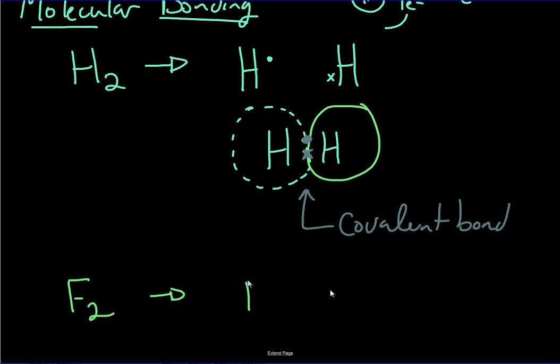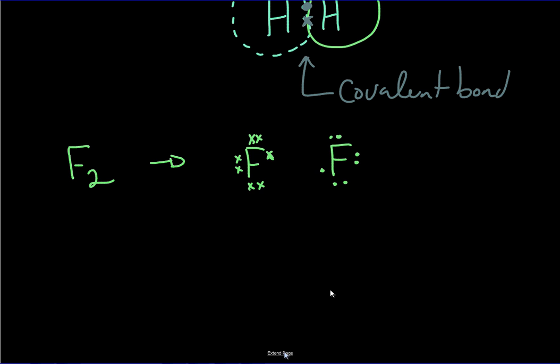And if we draw the Lewis dot diagram of fluorine and its electrons, we'll notice pretty quickly that each of these fluorines needs an electron or attempts to gain an electron or tries to pull electrons towards it due to something called electronegativity.